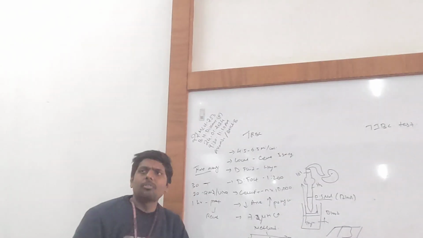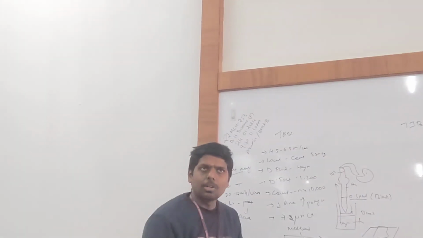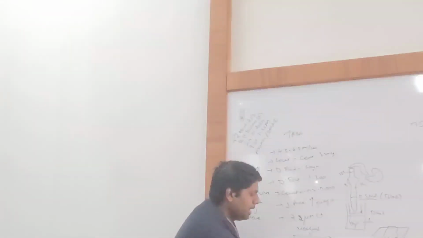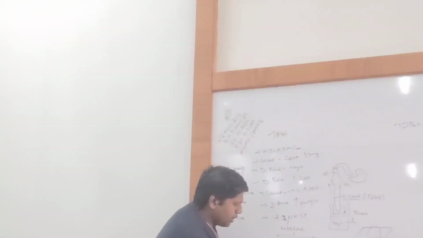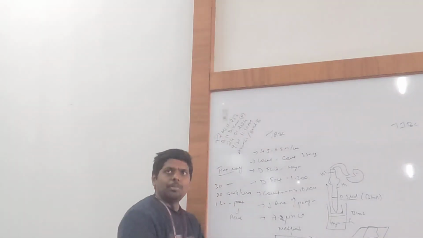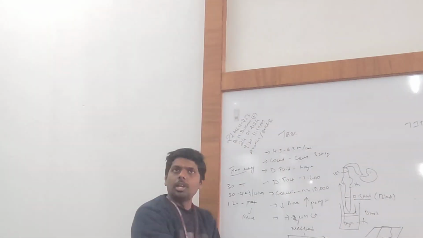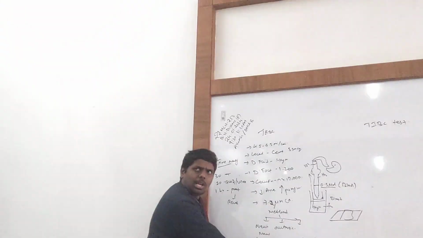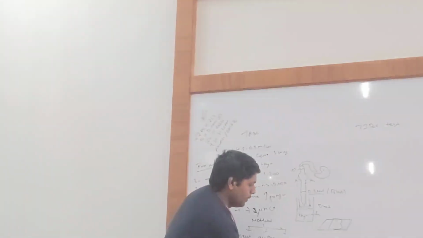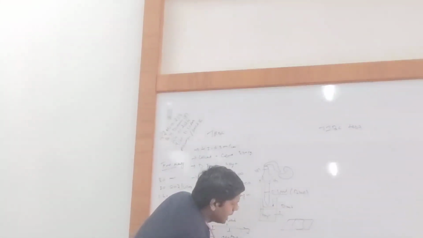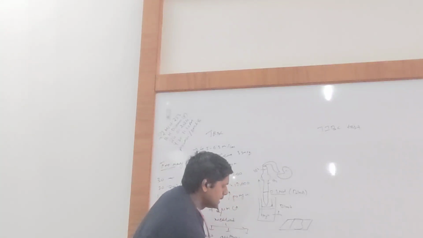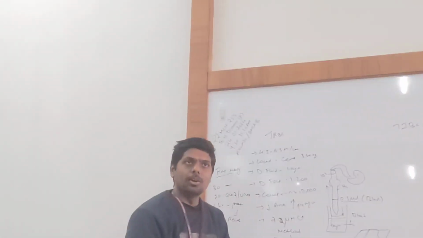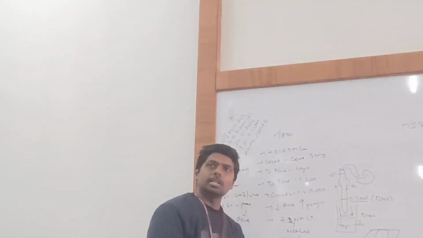Then we remove 20 microliters of Kay's fluid from the test tube. That means the overall volume of the fluid will be 3.98 ml. Got my point? Because I have removed 20 microliters from the sample.